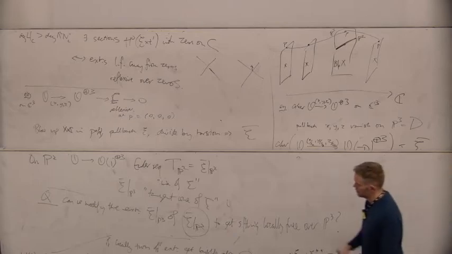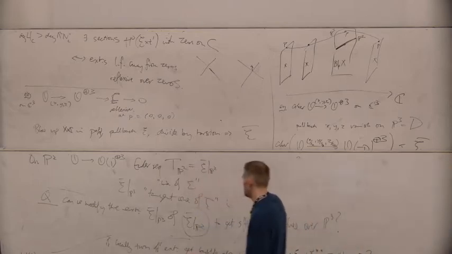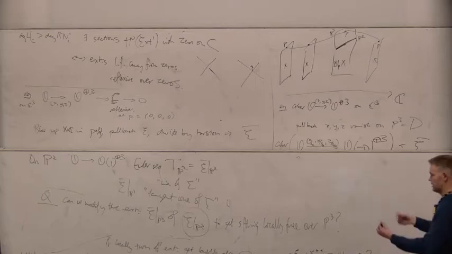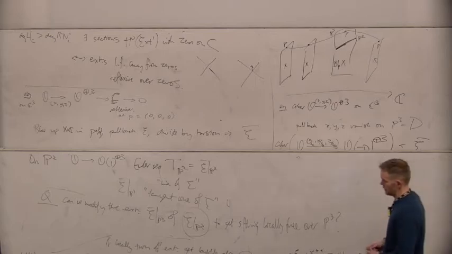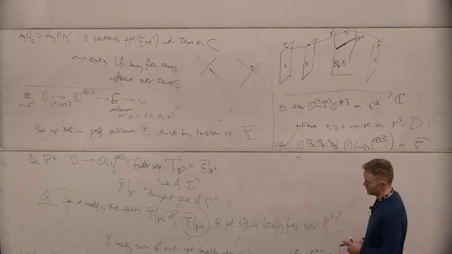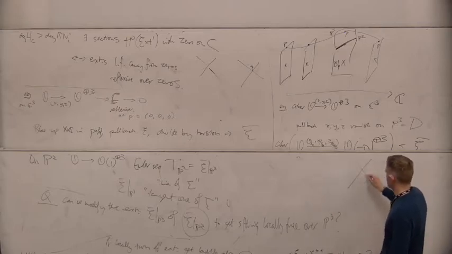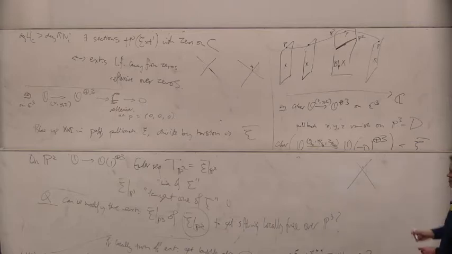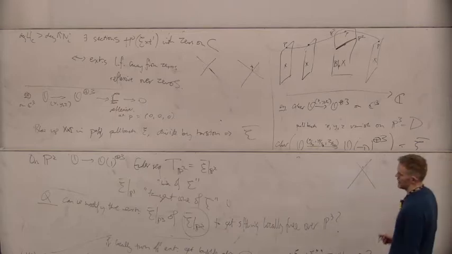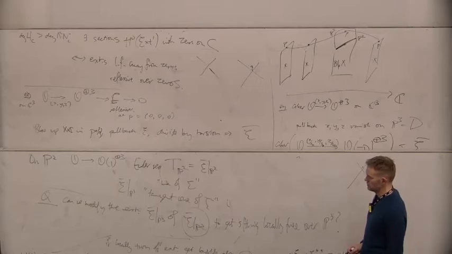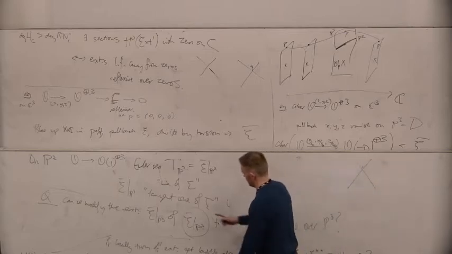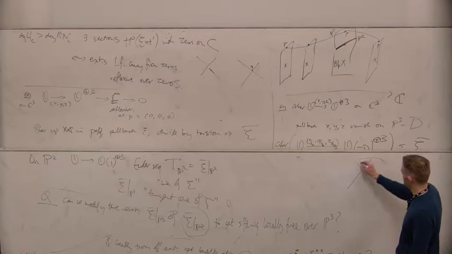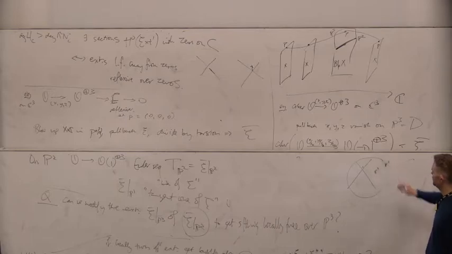But I ran out of time. It's easy to see in the examples that I created by the Serre construction with those curves, this nasty sheaf that you get from this curve here. You can see using this construction very easily how you can extend it to a vector bundle over P3 just from its data on P2. More or less because what you end up with in P3 is a picture like this: this would be P3, this would be the P2 boundary.